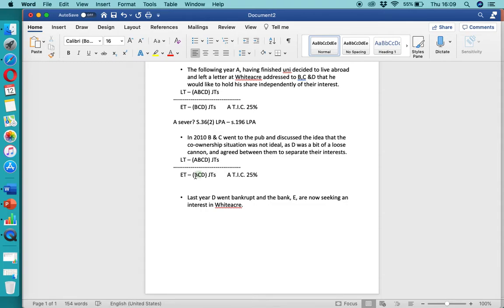Okay, so here we have these two parties having a conversation with each other as to whether they should sever from D, who's effectively the only other person left in the brackets. So is this moment where B and C are severing? Now, there's no writing under section 36(2).